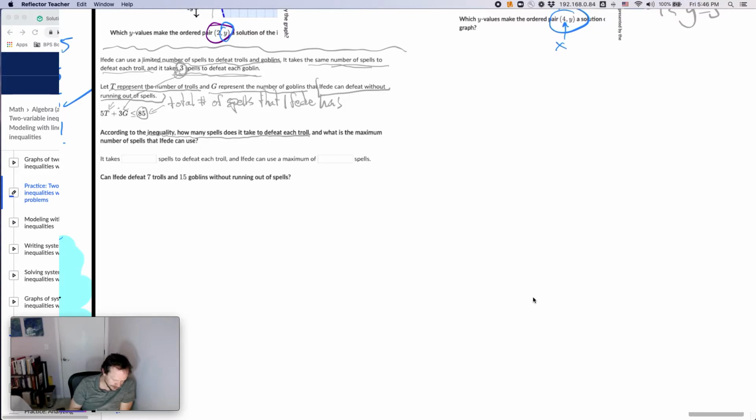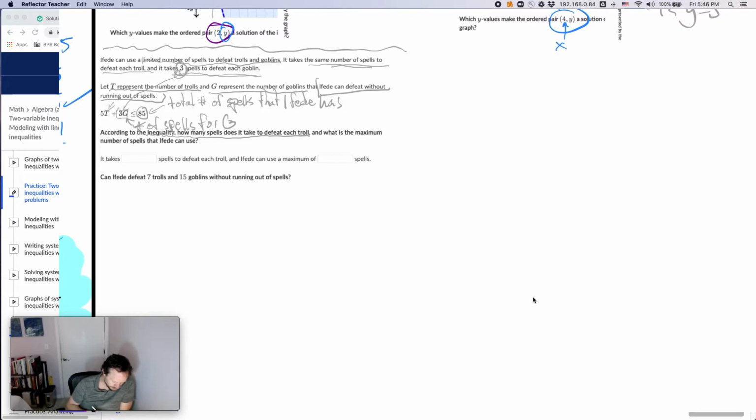The fact that it matches the 3 tells me that 3 times g, where g is the number of goblins that you can defeat, so the number of goblins times the number of spells that the goblin takes to defeat, this quantity right here is going to give me the number of spells used on goblins. Number of spells for goblins.